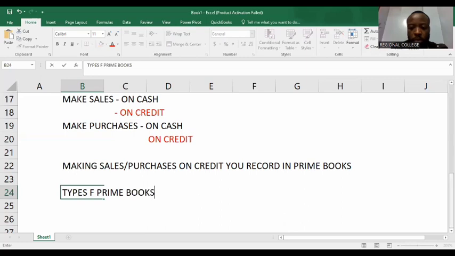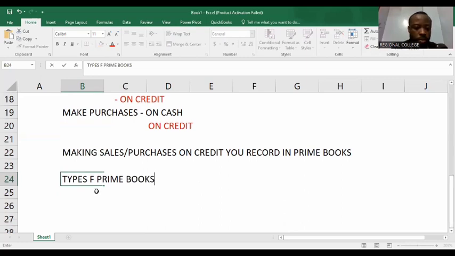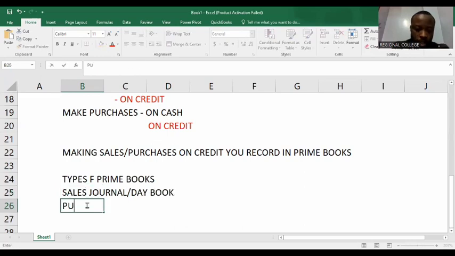The types of the prime books are the sales journal, or sometimes you can call it the sales day book. We have the purchases journal, or purchases day book.